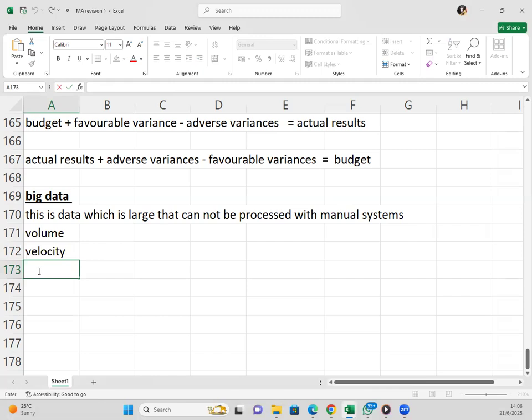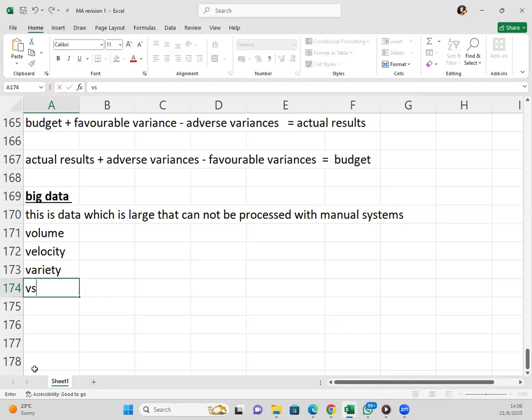Data can be large because of its variety. Variety, we are looking at the different forms in which the data is being received. If the data is being received in different forms, it can be classified as big data.